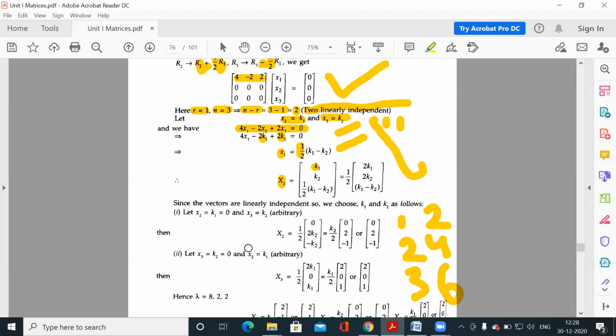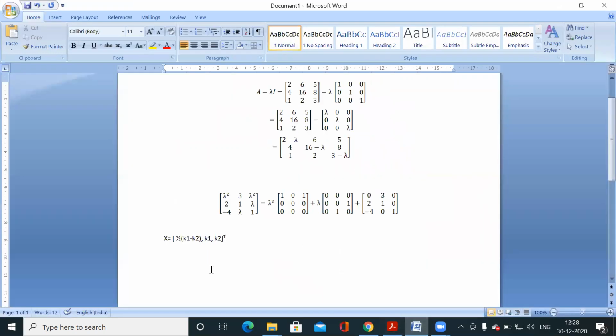So there is a very simple trick. Once you set k1 as 1, k2 is 0, so 1 0, and for the second eigenvector you interchange, swap these values, so k1 is 0 and k2 is 1. So for the first you set k1 1 and k2 0.